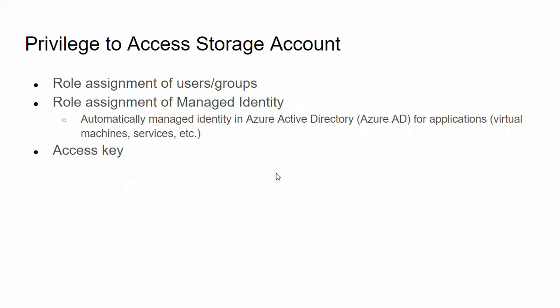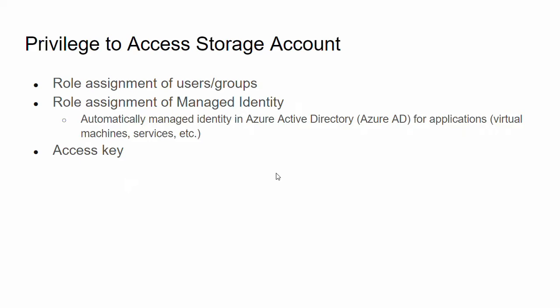I can say this user, when he or she comes to the portal, can see the storage account, or see but not be able to access the information. They can see the storage account. They know there is such a storage account, and they know there is such a container, but they cannot modify.